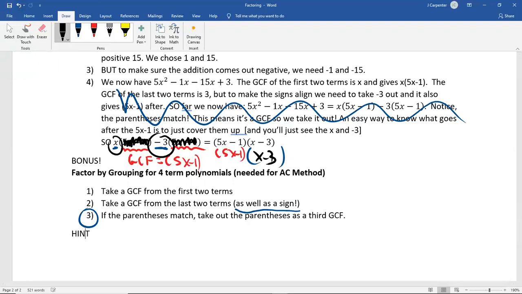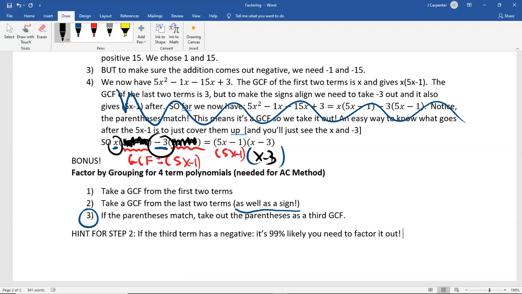And then that hint I gave you for step 2. If the 3rd term has a negative, it's 99% likely you need to factor it out.